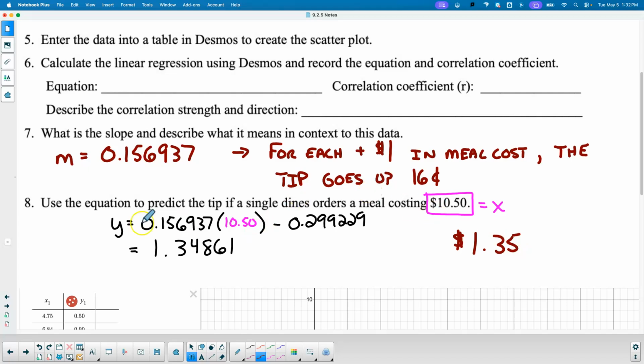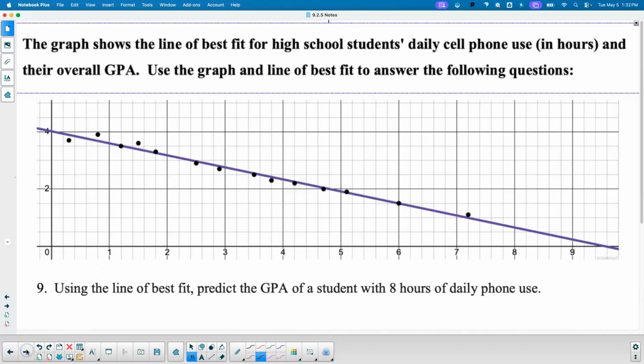All right, let's go to the last one then. This graph shows the line of best fit for high school students' daily cell phone use in hours and their overall GPA. Use the graph and the line of best fit to answer the following questions.